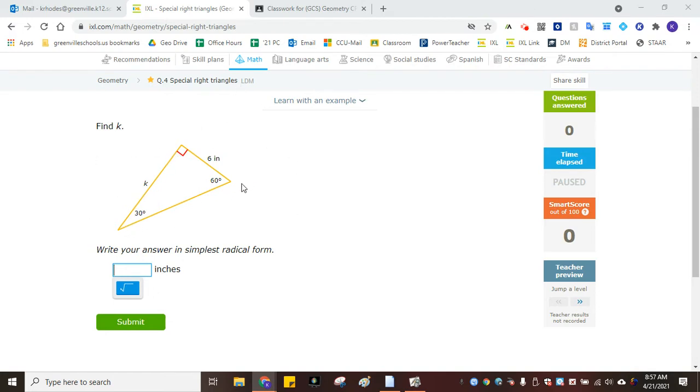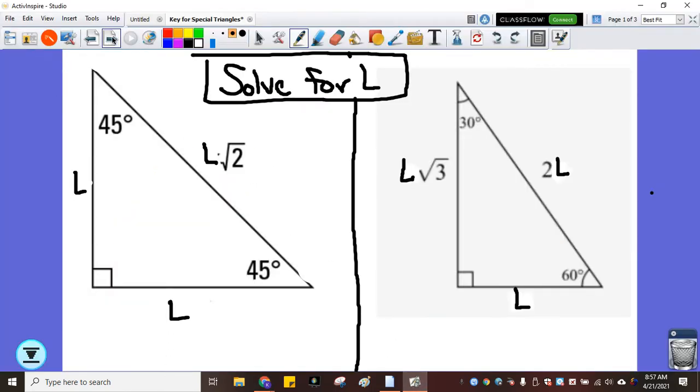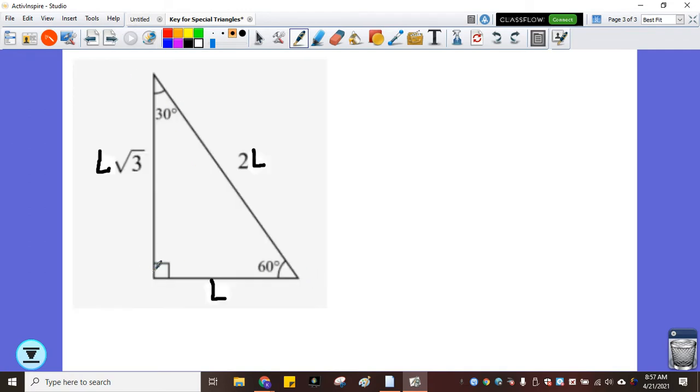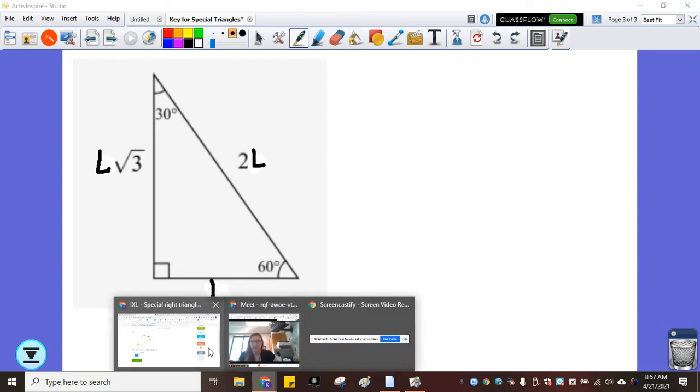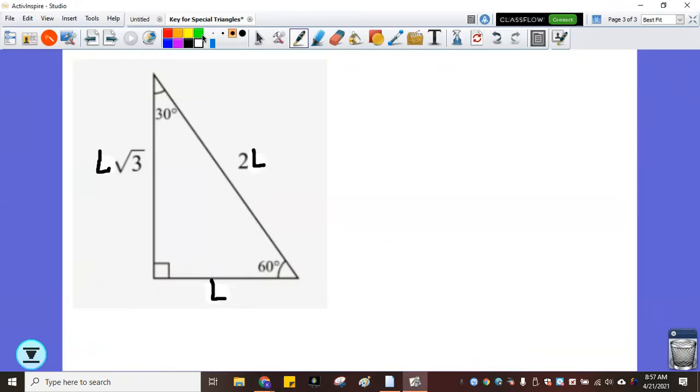This is a 30, 60, 90 degree triangle, and the short side is 6 inches. So here is my 30, 60, 90 triangle, and the short side is 6 inches. So L equals 6.